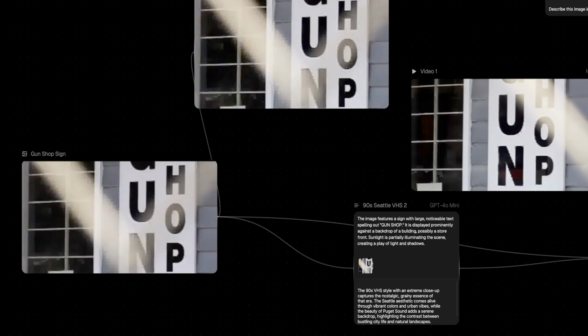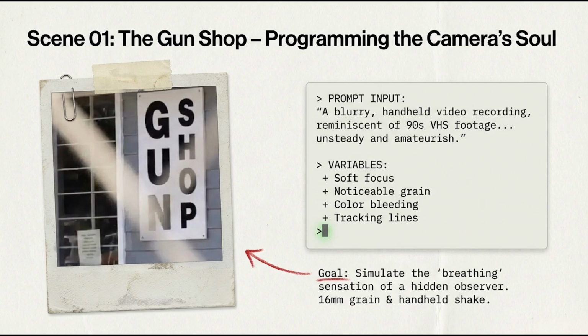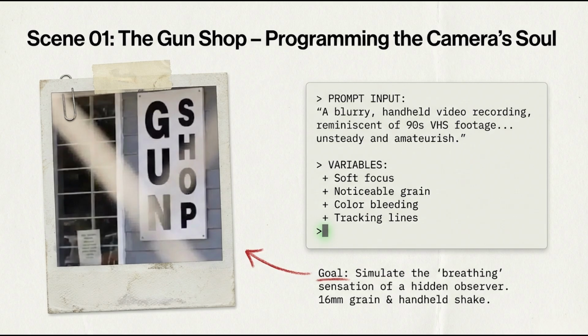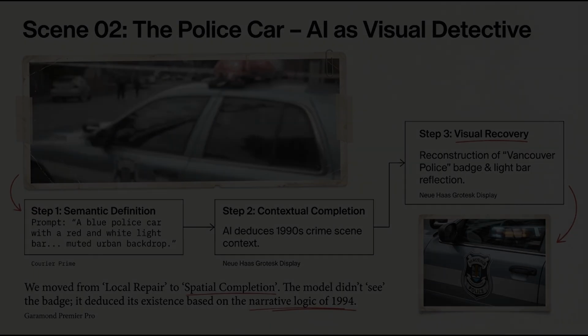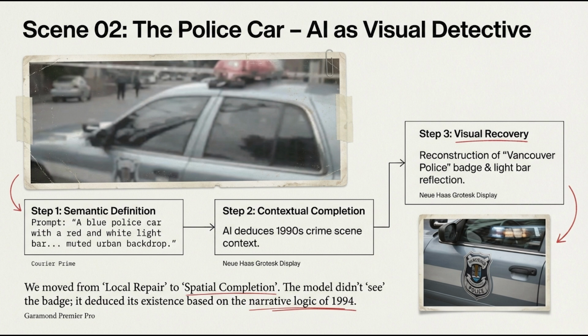Instead, during the process of prompting, we used keywords like 16mm film and the color bleed of VHS tapes to describe the vibe in our AI prompts. Because we wanted to create a sense of realism, this unstable breathing quality is the very heart of 90s nostalgia.